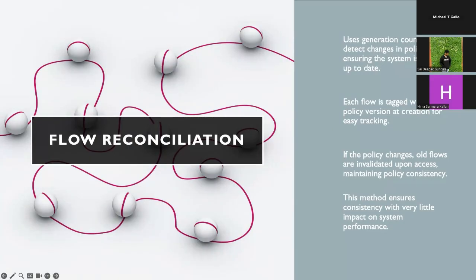This method ensures consistency with very little impact on system performance. In one line, VFP uses generation counters, which allows live policy updates without dropping flows or restarting or rebooting the services. So this is helpful in that part.